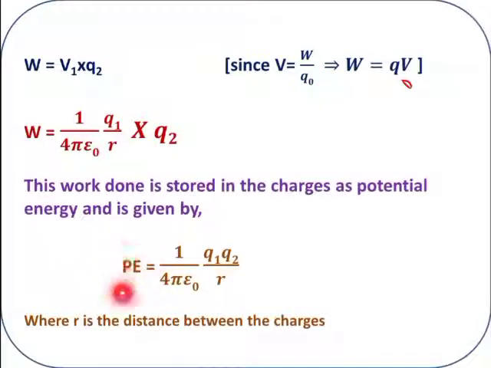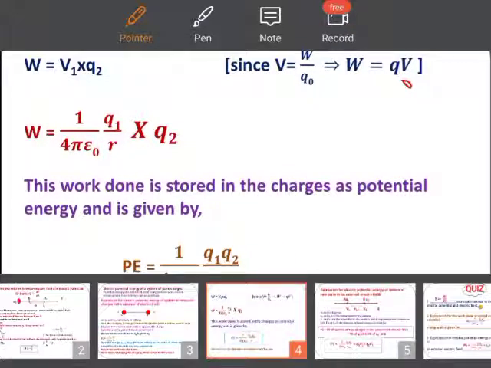PE is equal to 1 by 4 pi epsilon naught Q1 Q2 divided by R, where R is the distance between the charges. So this is the final expression for the potential energy.